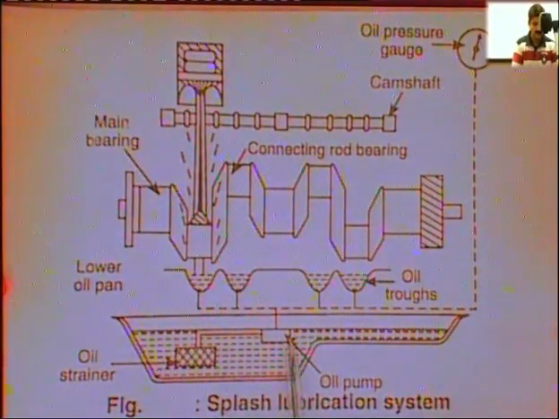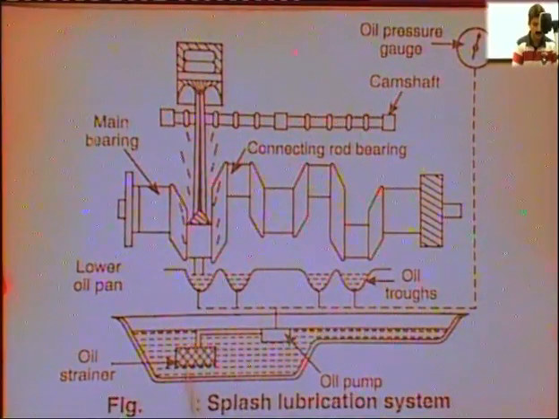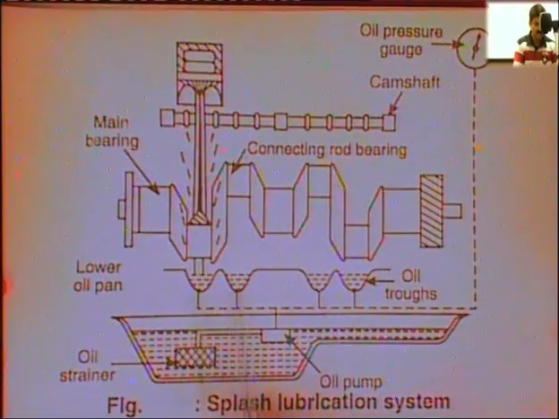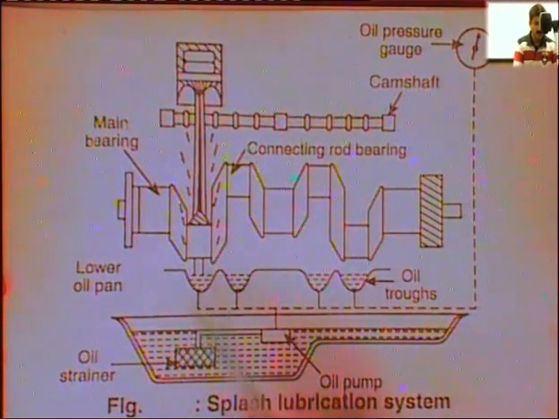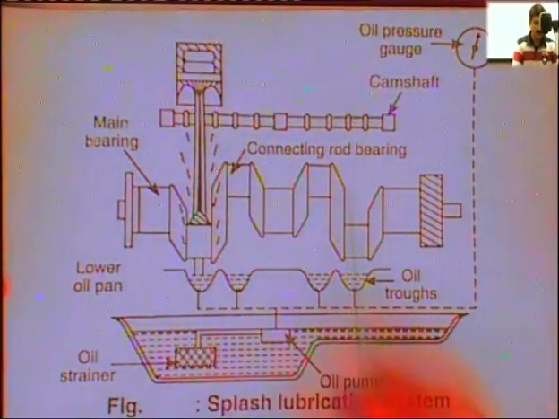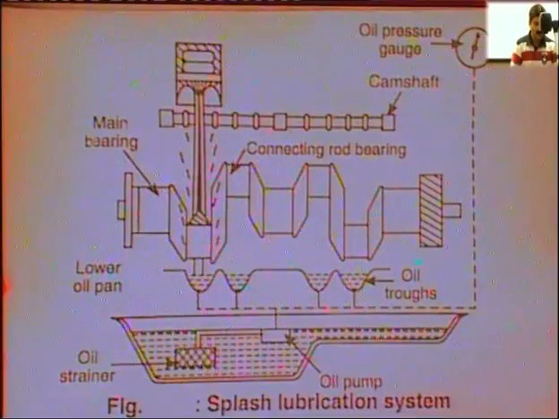Oil pump receives oil from the oil sump through the strainer, and this is the oil gallery which is responsible for always filling these oil troughs. These oil troughs remain always filled, and these scoops provide splash when they go through this oil, and this splash gets scattered all over the moving parts and provides the lubrication.